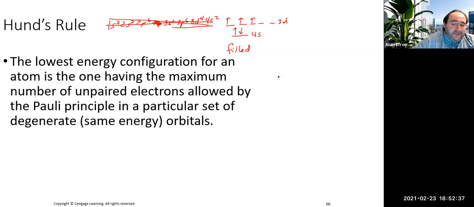But as a consequence of those being very close in energy, once we start putting electrons in the d orbital, there's a switch in energy that occurs. The 4s orbital ends up being higher in energy than the 3d. So when the electrons go in, it's opposite. When the electrons start to fill the 3d, it switches around.